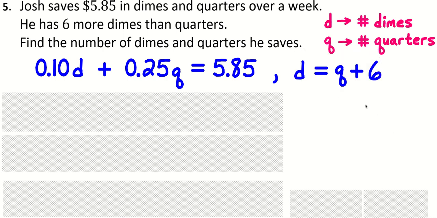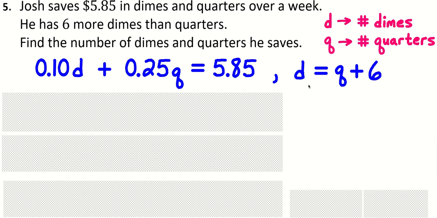It looks a little bit simpler, but it's still an equation. D equals Q plus 6, right? 6 more dimes than there are quarters. So whatever the number of dimes is, we know it's equal to the number of quarters plus 6. So we have an entirely other second equation.